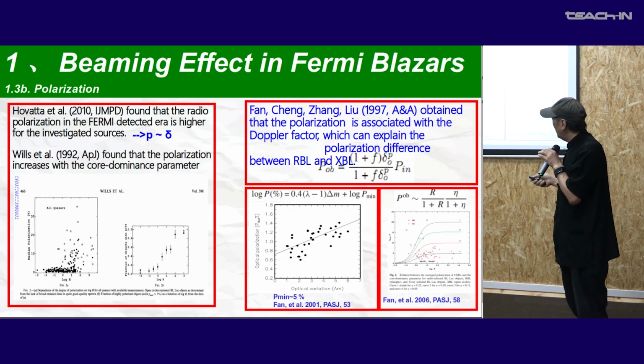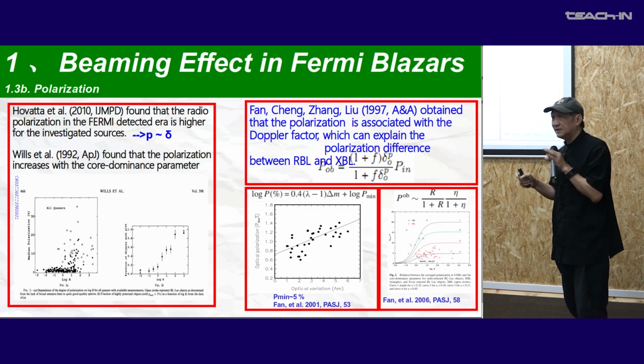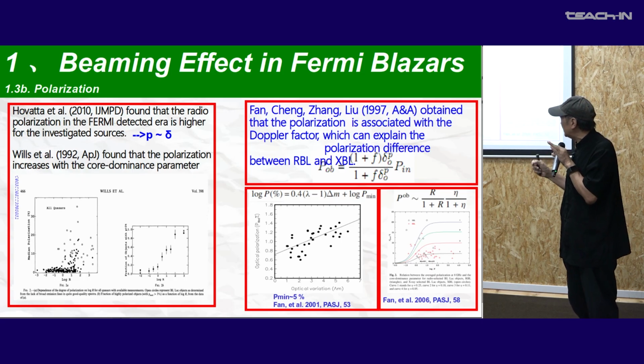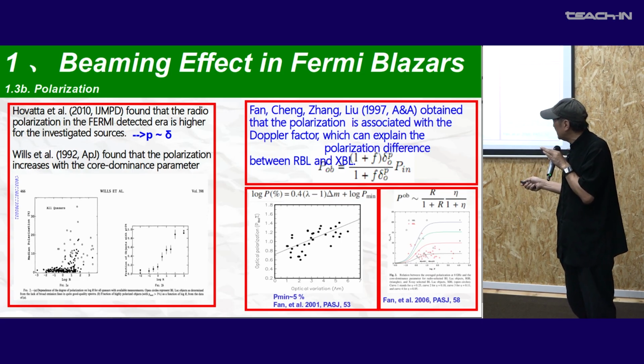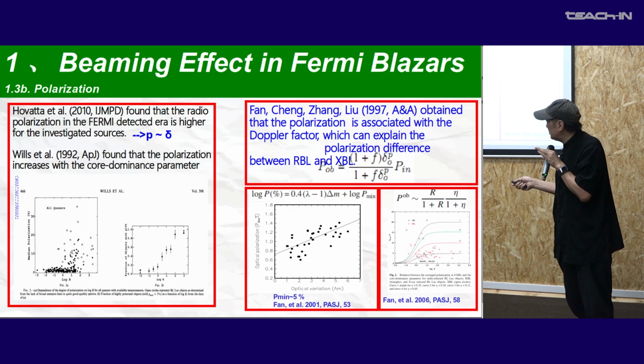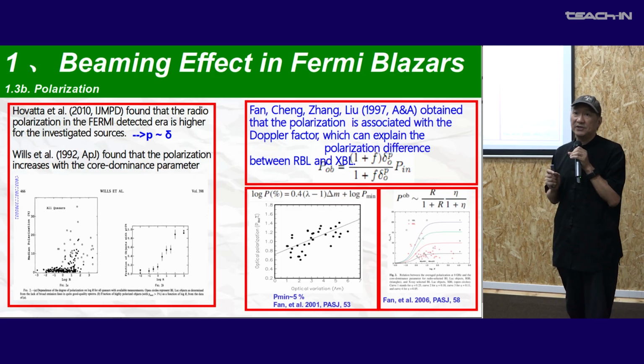And also, Wills in 1992 got a sample of AGN or blazars, and they found the optical polarization against the core dominance parameter in this way. It means that the polarization increases with the core dominance parameter.